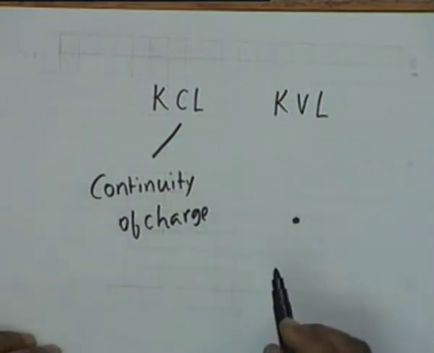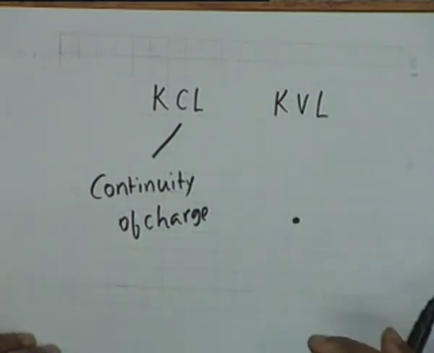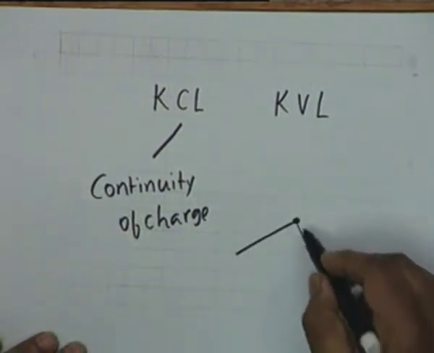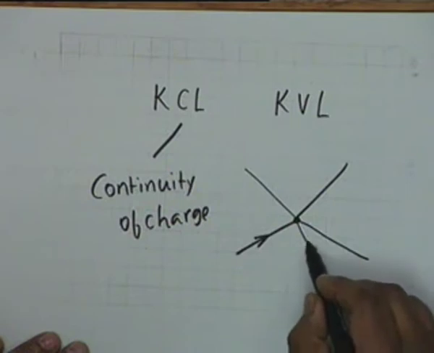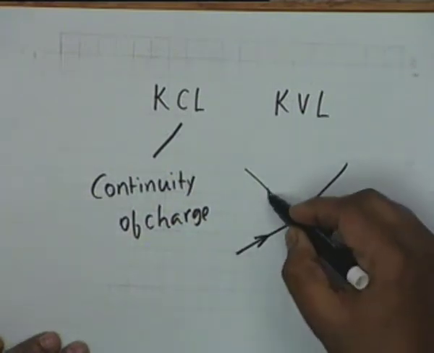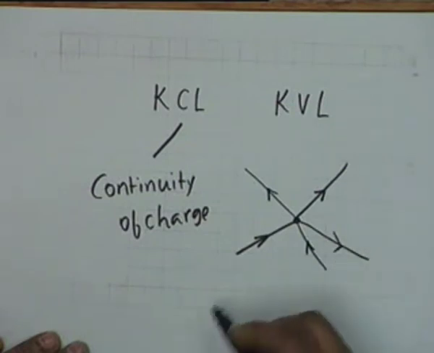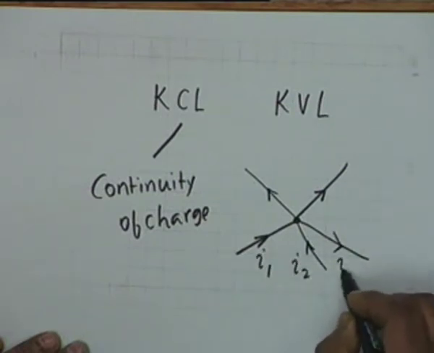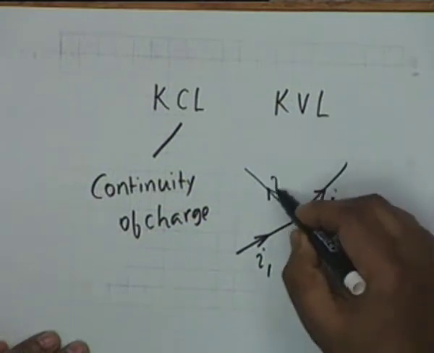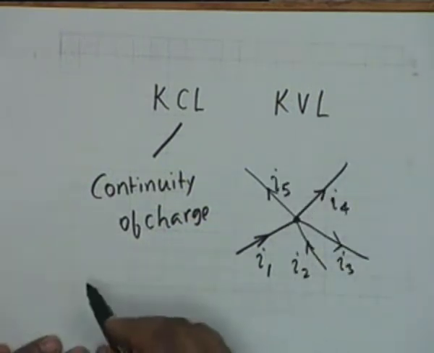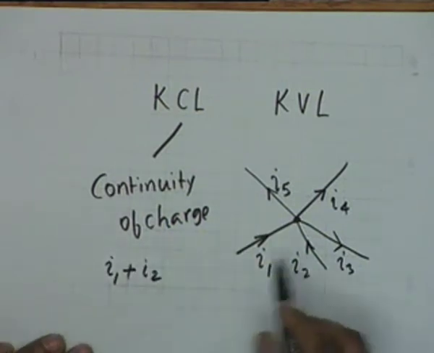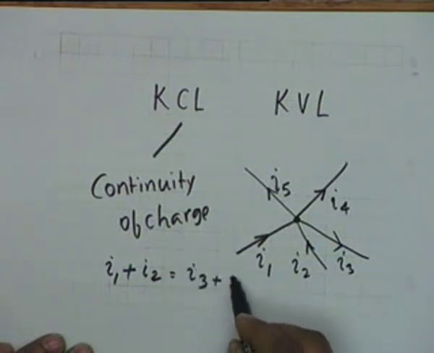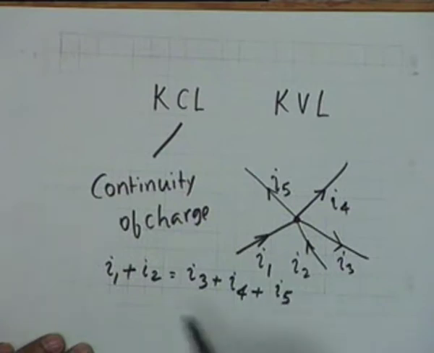If we have a node, any point in a network where two or more branches meet, with some currents arriving at the node and others leaving, say I1, I2, I3, I4 and I5, then KCL means that the total current entering, I1 plus I2, must equal the total current leaving, that is I3 plus I4 plus I5.